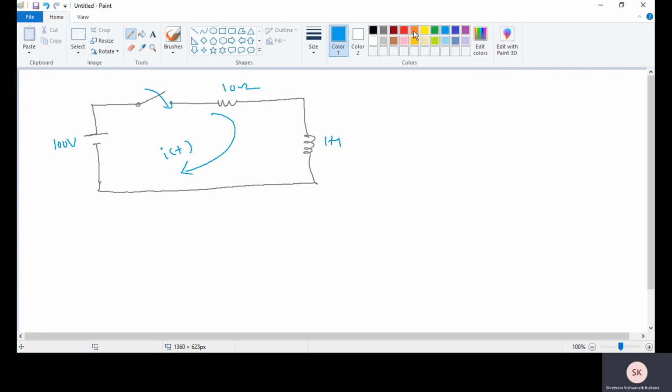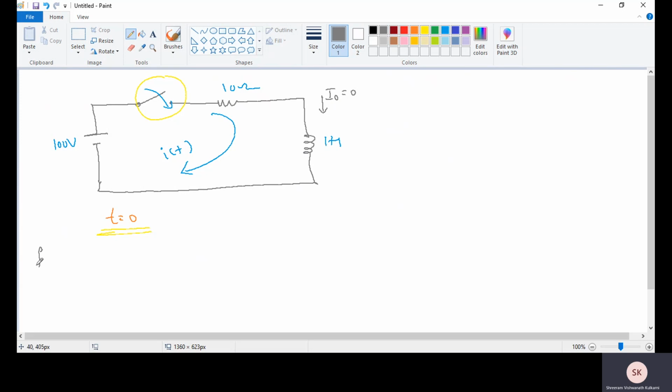Okay, now the question is, in the given network, the switch is closed at t equal to 0. With a 0 current in the inductor, it means the initial current, that is i naught, is 0 with the initial 0 current in the inductor.